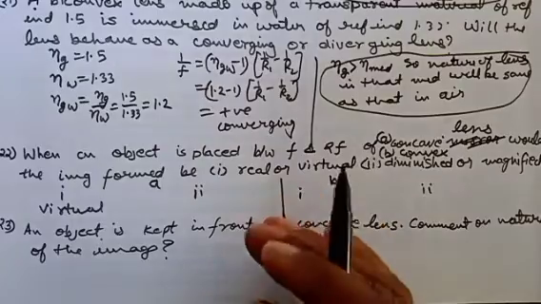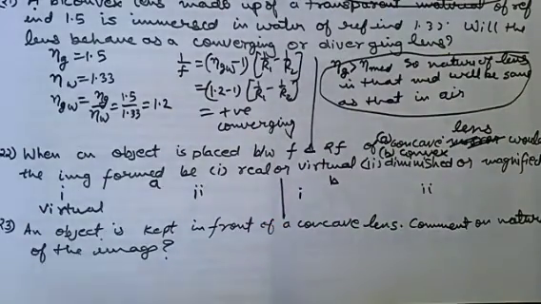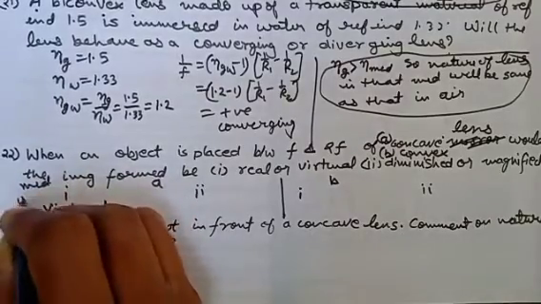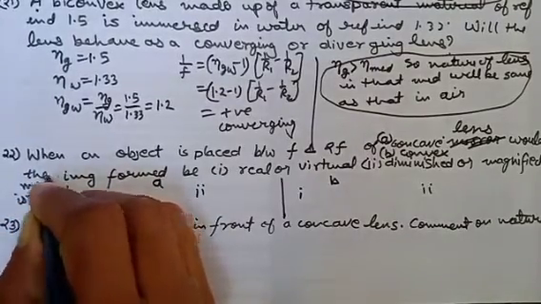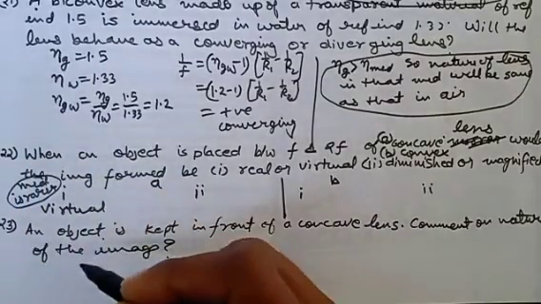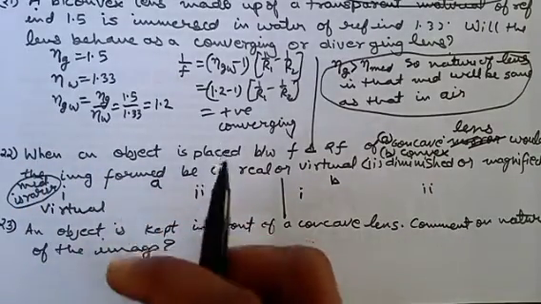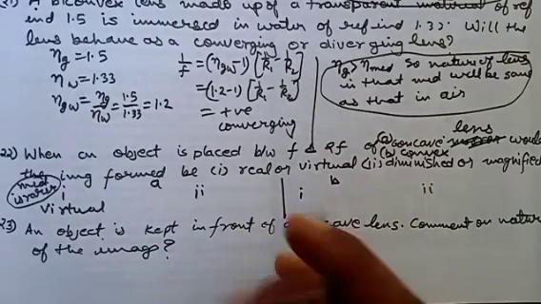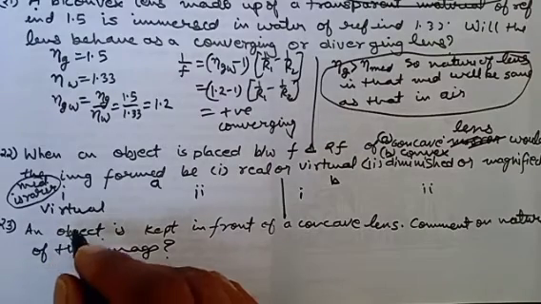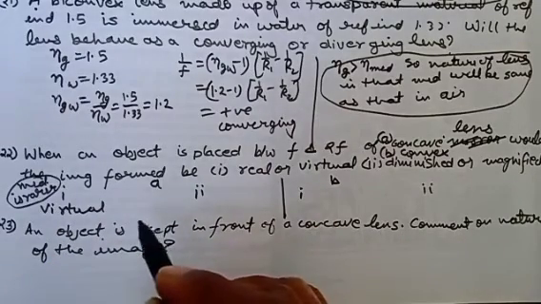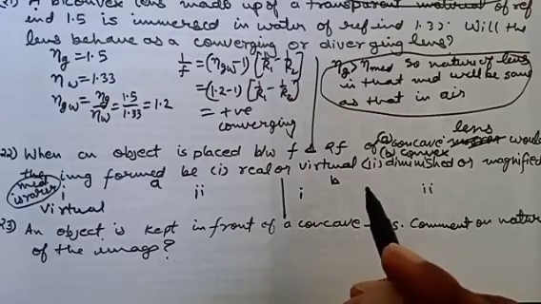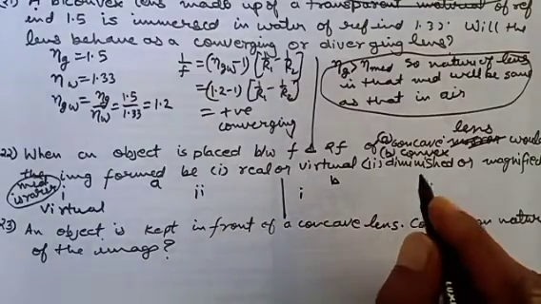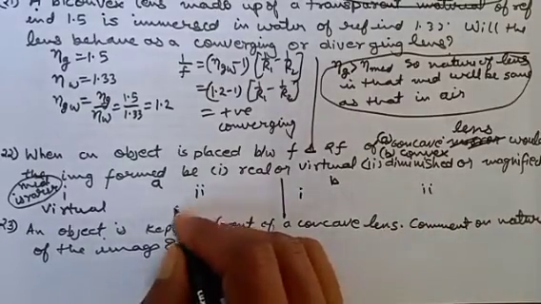Otherwise, the situation will be changed as we discussed earlier. So, keeping in mind that the medium is rarer than the medium of that lens, the refractive index of the lens is greater than the medium, then it is true only. So then that concave lens always produces a virtual image. And second, diminished or magnified, so diminished.